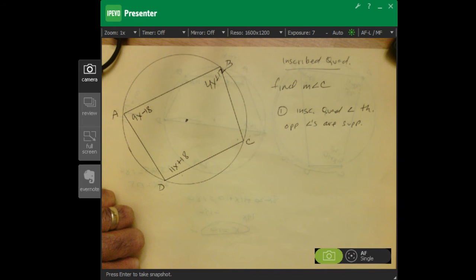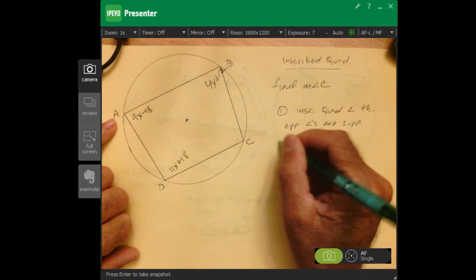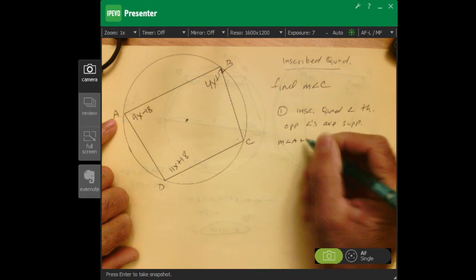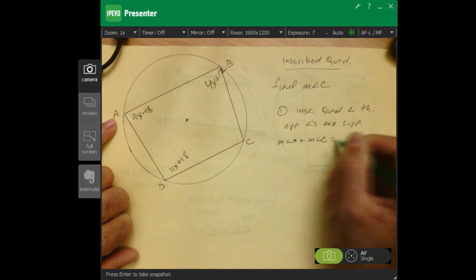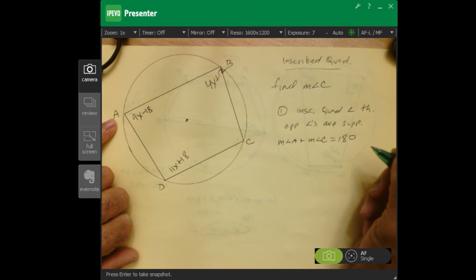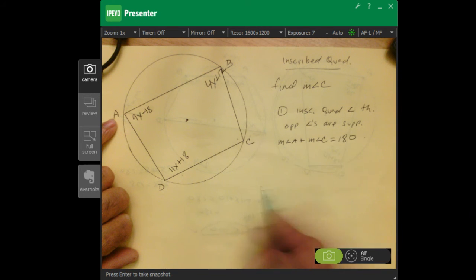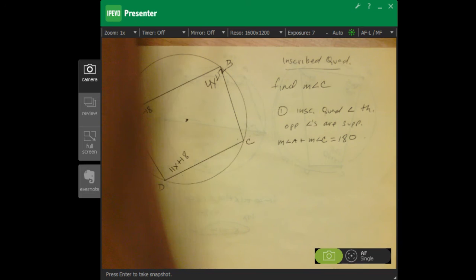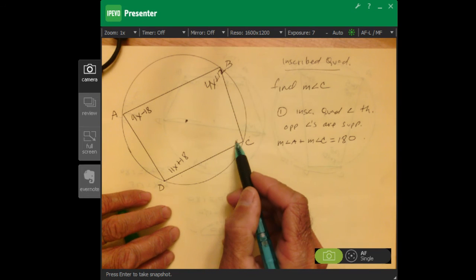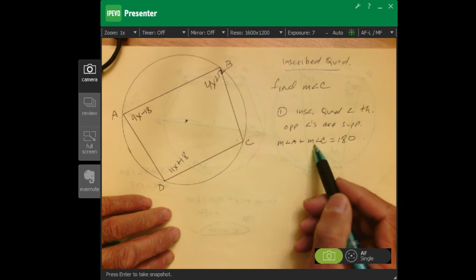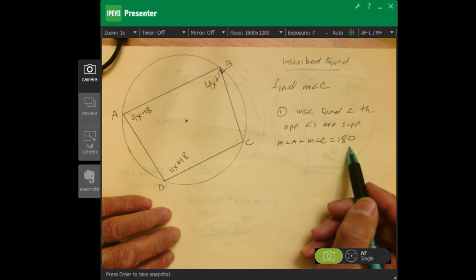So that means if we take the measure of angle A and add it to the measure of angle C, we get 180 degrees. However, we still don't know anything about angle C, and this isn't going to help us.